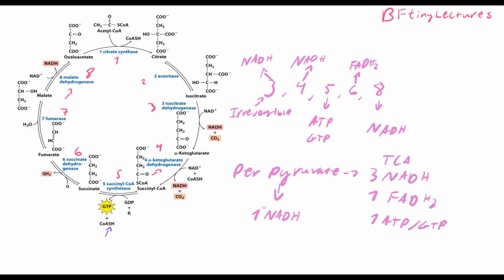Okay, so this actually occurs prior. So this is pyruvate dehydrogenase. Okay, so in total you make 4 NADHs per pyruvate. 3 of them are formed via the citric acid cycle. 1 of them is formed in the pyruvate dehydrogenase reaction, and we also form 1 FADH2 and 1 ATP or GTP.